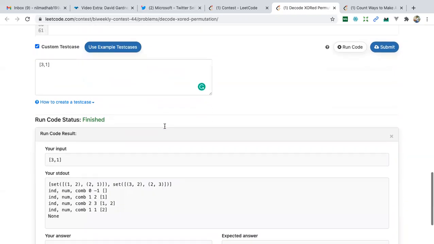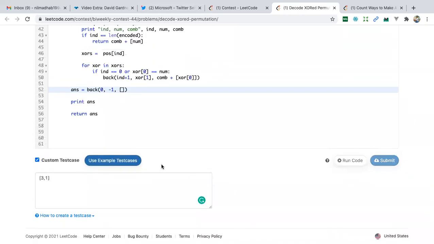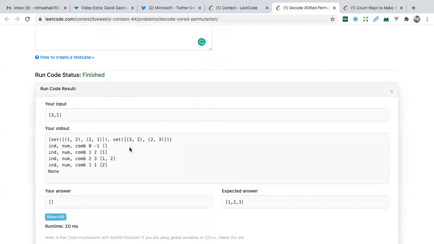No, I think what is happening is, at first index is 0 and number we are passing is -1, so it's the base case. It will try with 1, and then we get index 1, and number 2. So number 2 is present. So we have index 2 and number 3 and this array. When we have index 2 and 3 is present, right?